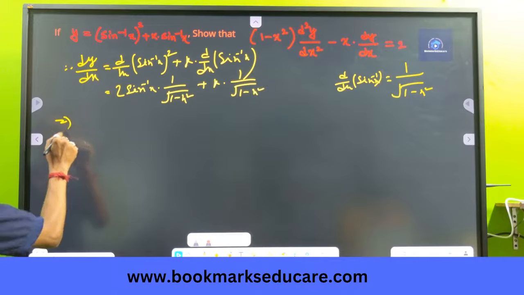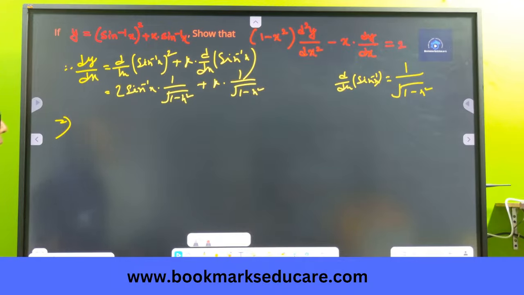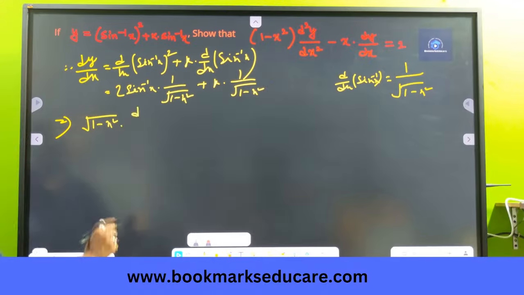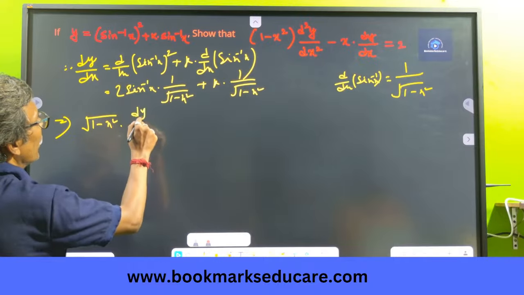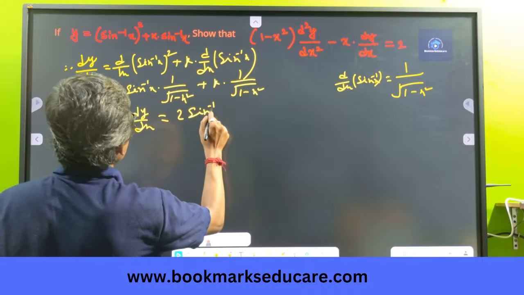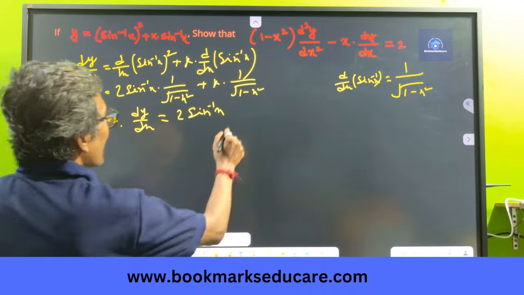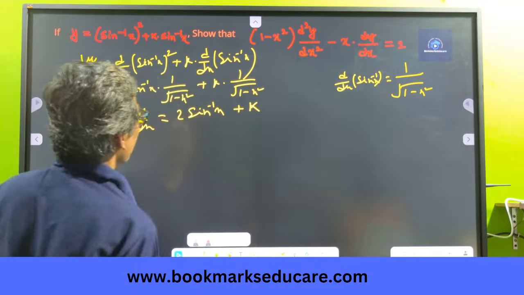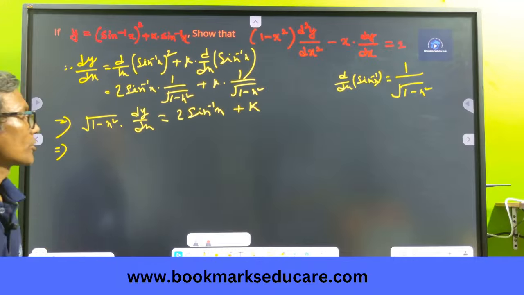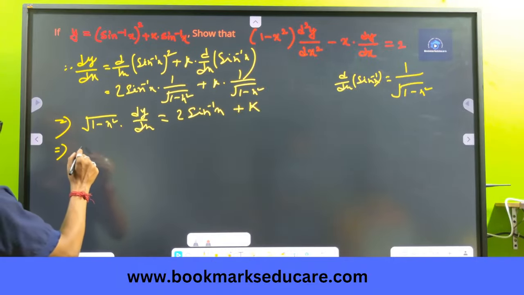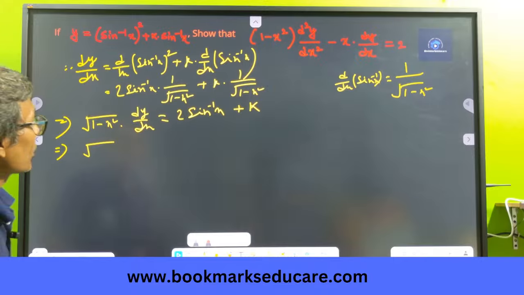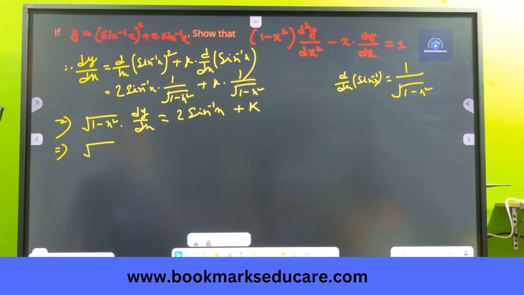So multiplying on both sides by root over 1 minus x square, root over 1 minus x square into dy by dx is equal to 2 sine inverse x plus k. So again differentiating on both sides with respect to x, using the product rule of the function.